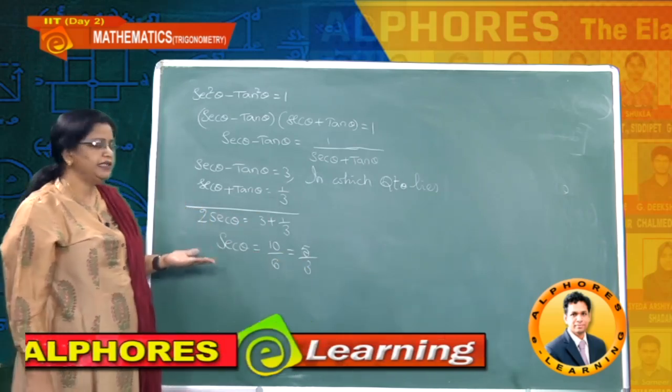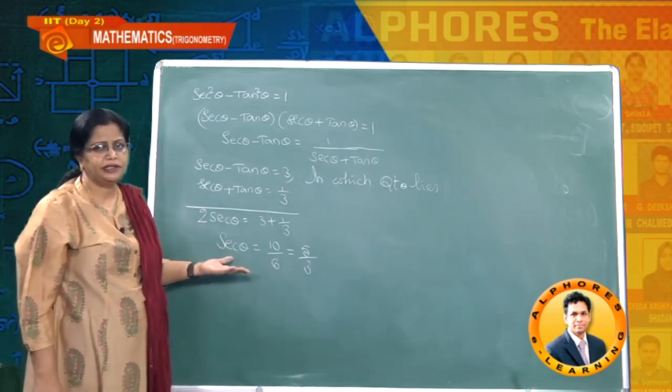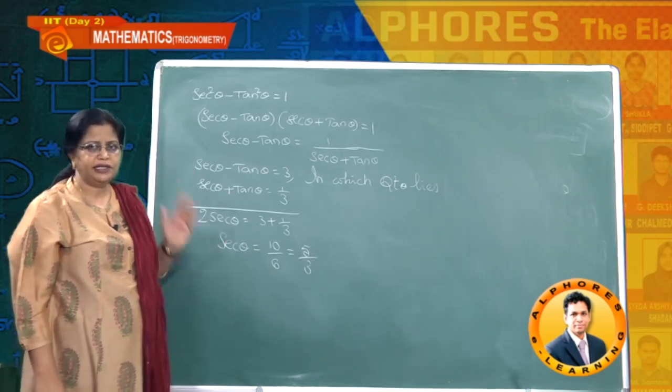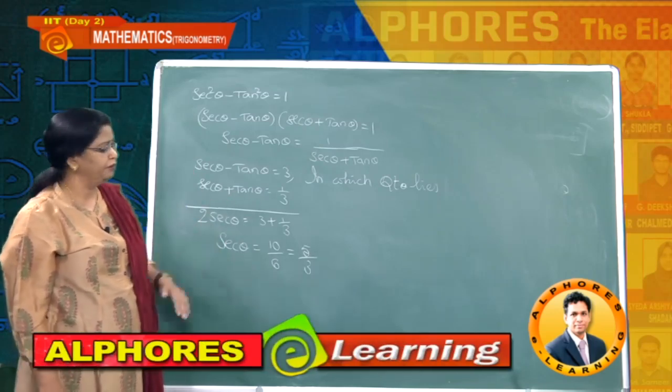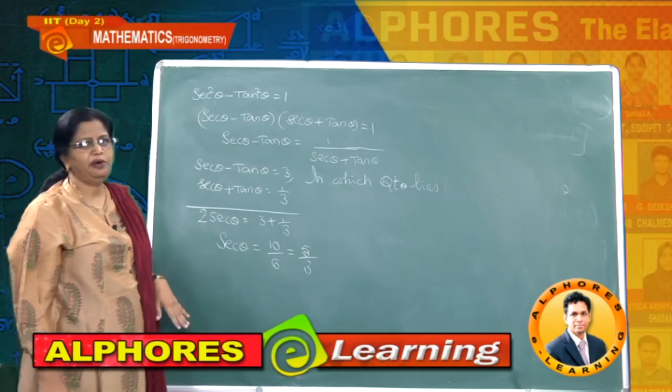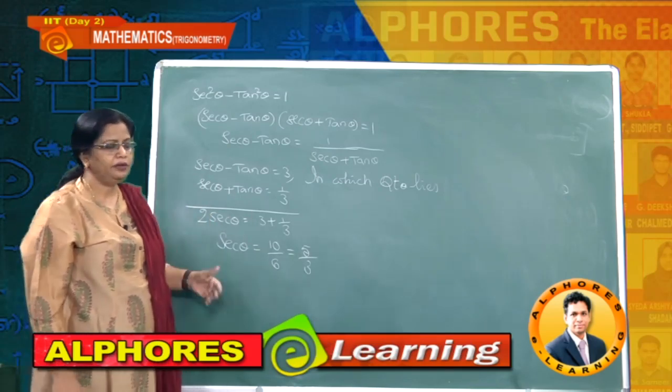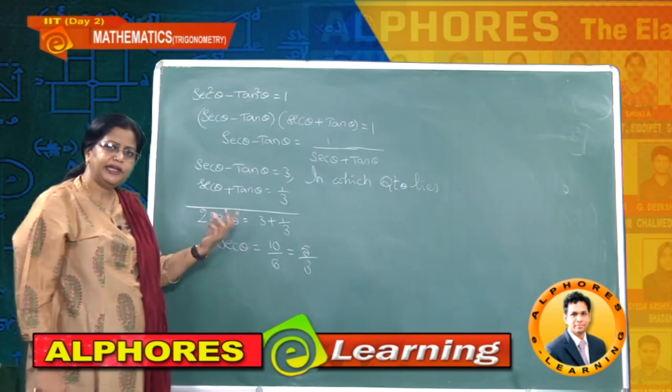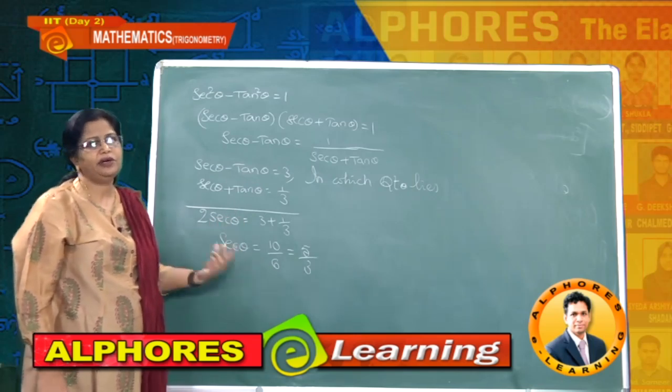One is theta can be in the first quadrant or theta can be in the fourth quadrant. Then how can you decide exactly whether theta lies in the first quadrant or the fourth quadrant? You have to know about any other function which does not belong to the same quadrant, other than cos theta.